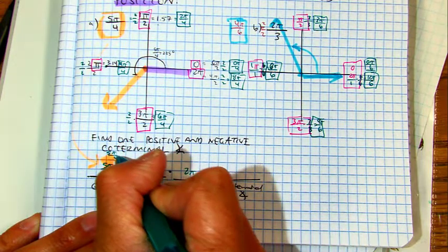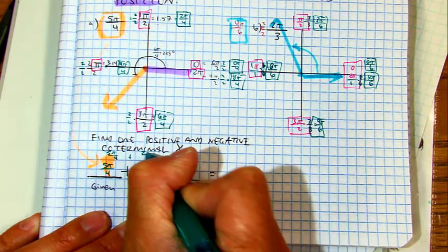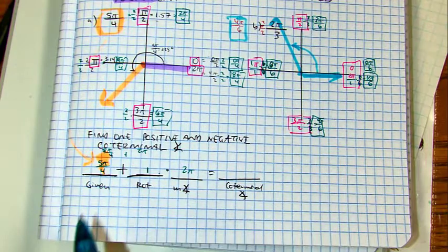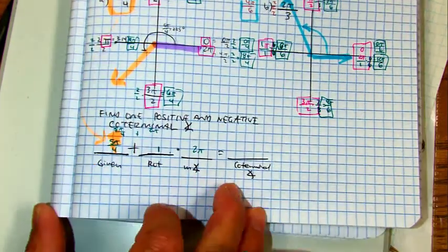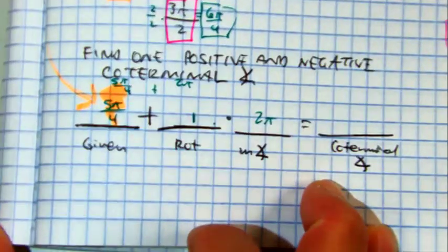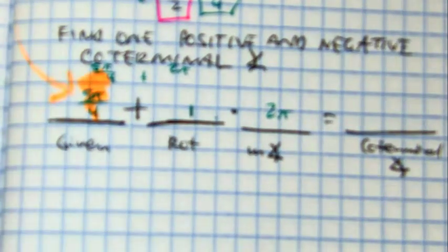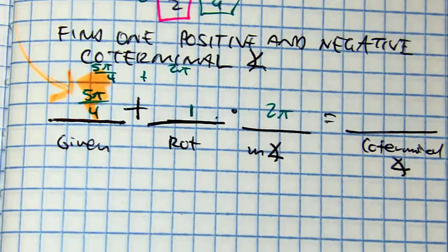5 pi over 4 plus 2 pi. Class, can we add those together? Can we get 7 pi over 4? No. They are not equivalent fractions. Partner A to partner B, we're going to have to multiply 2 pi by.